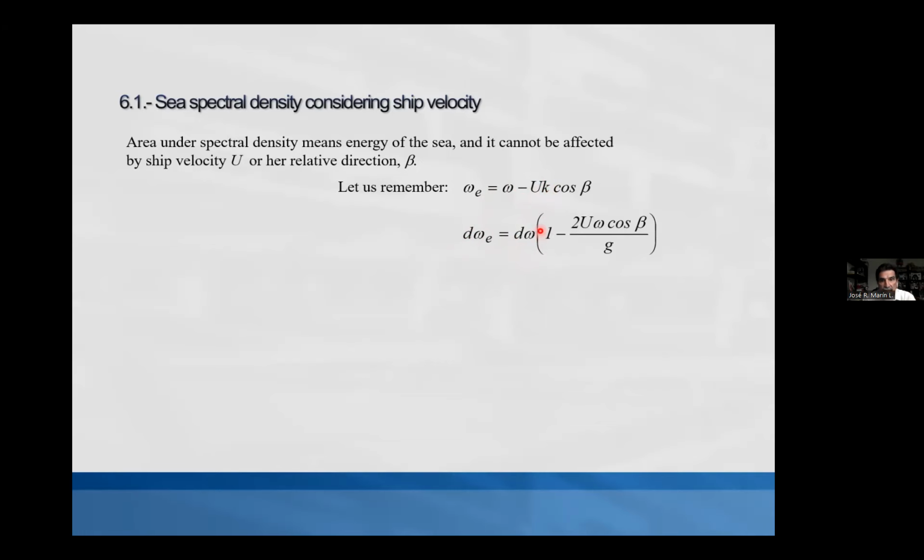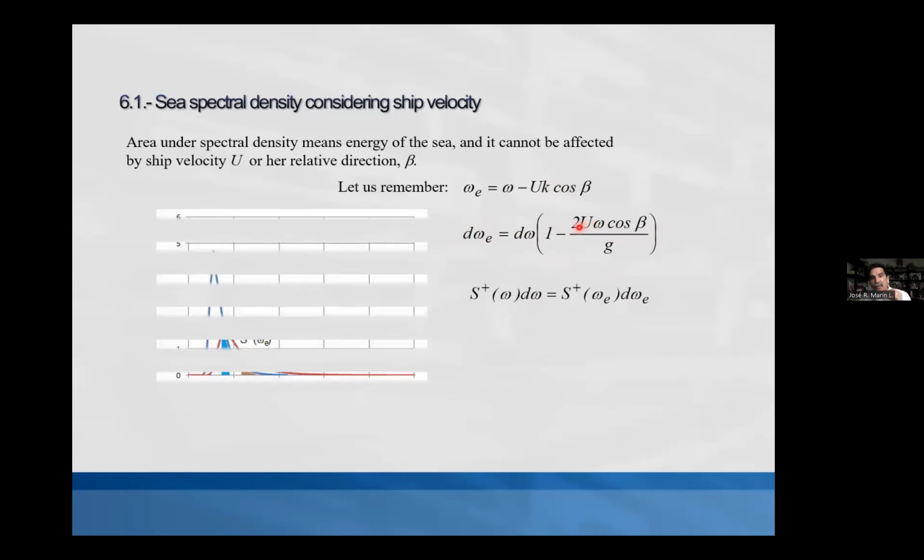Okay, this is the width of each very small rectangle, considering only the wave. And this is the width of a different rectangle, considering the fact that the ship is moving with velocity u and relative angle beta with respect to the waves.